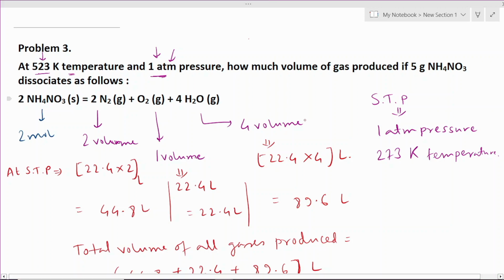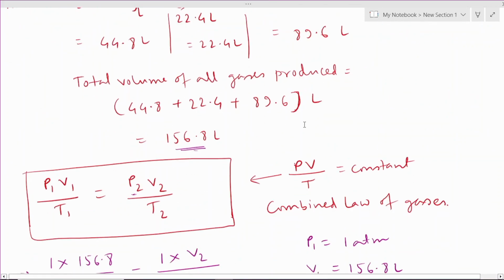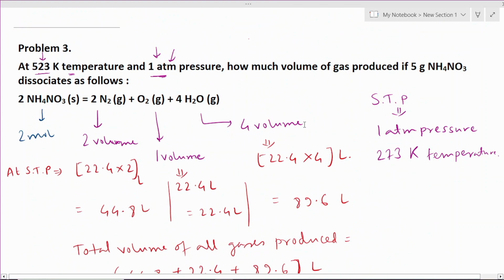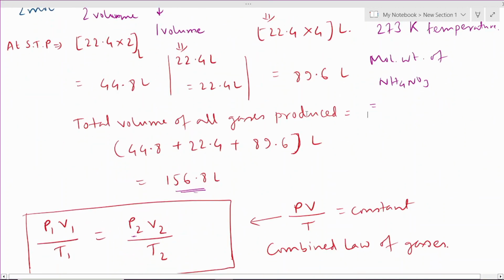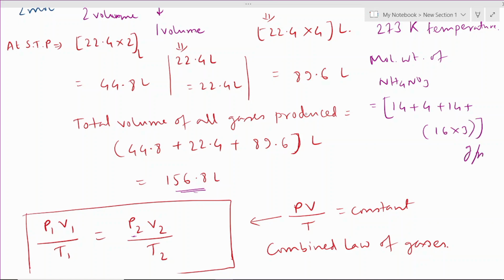Now we have calculated the total volume of gases when 2 moles of ammonium nitrate dissociates, but here the weight of the ammonium nitrate given is 5 gram. So the molecular weight of ammonium nitrate is 14 plus 4 plus 14 plus 16 into 3 gram per mole.